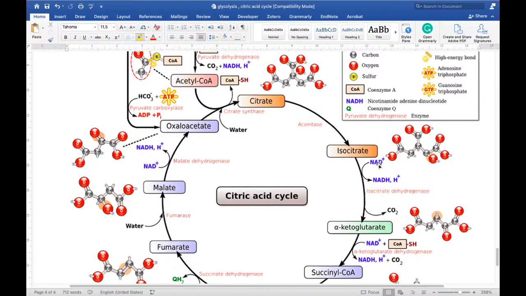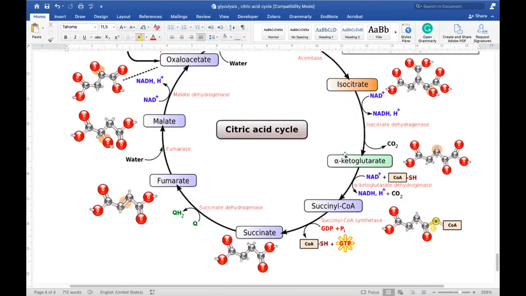Here NAD plus is reduced to give your NADH, and carbon dioxide is released. Then from alpha ketoglutarate, succinyl coenzyme A is produced in the presence of alpha ketoglutarate dehydrogenase, NAD plus and coenzyme A, and again NADH and carbon dioxide are produced.